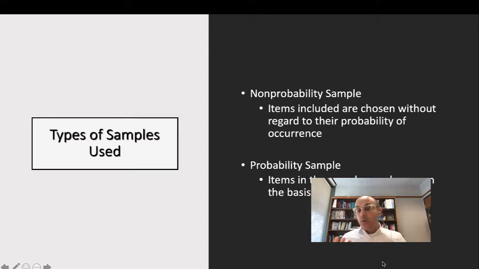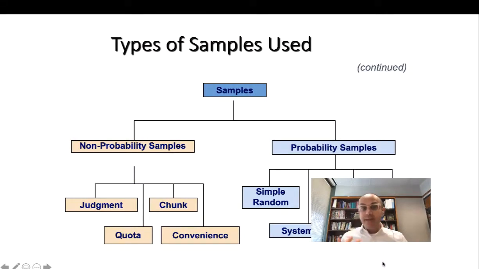In sampling, we have 2 types of samples, non-probability and probability, and each one of them provides us more ways for us to collect data. However, a probability sample, in comparison to a non-probability sample, is much more concise, much more accurate, and the research is reliable on the subject.